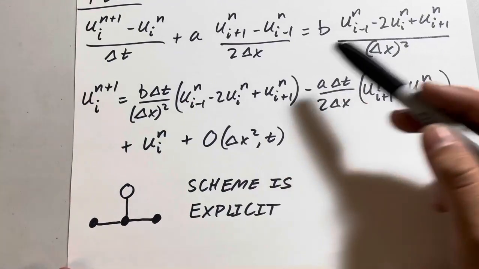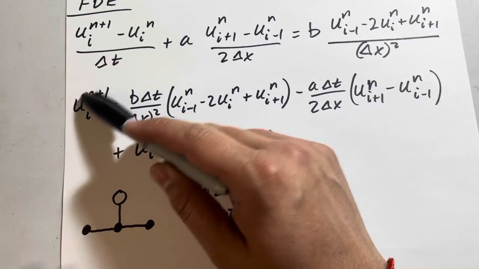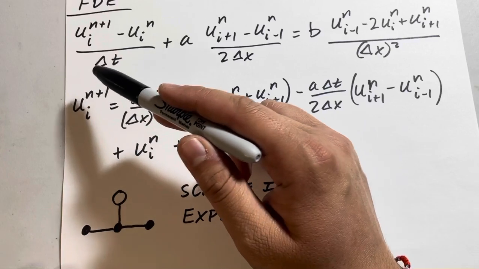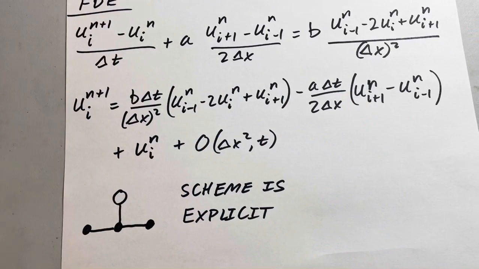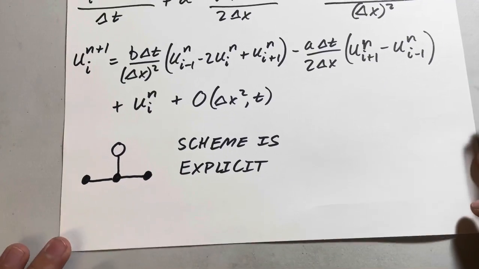So manipulating this with some algebra, we can find that we can solve for u of I at the second time, at the n+1 time step, and that means this is an explicit scheme.